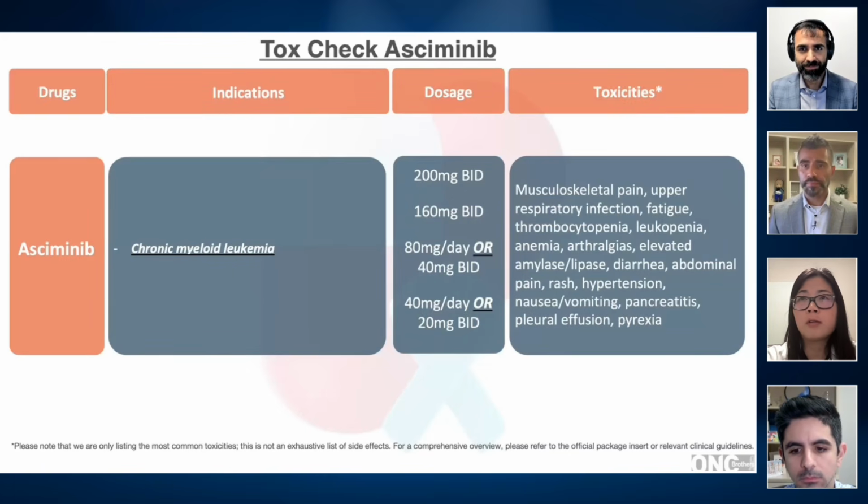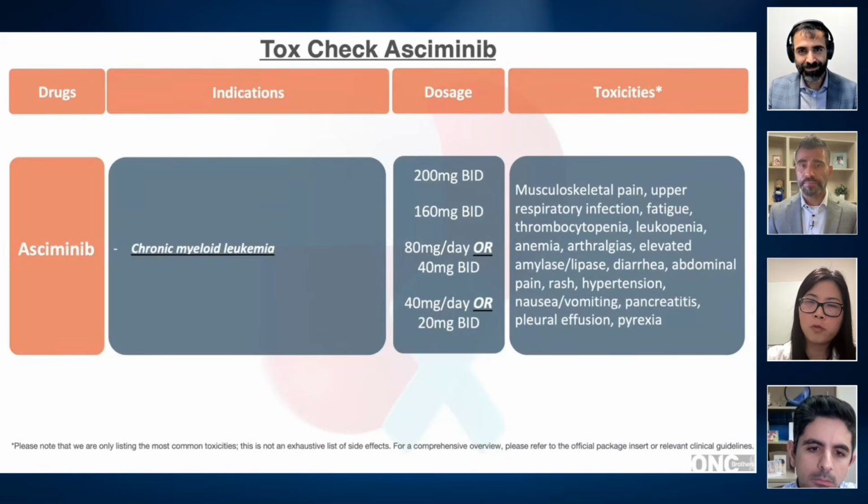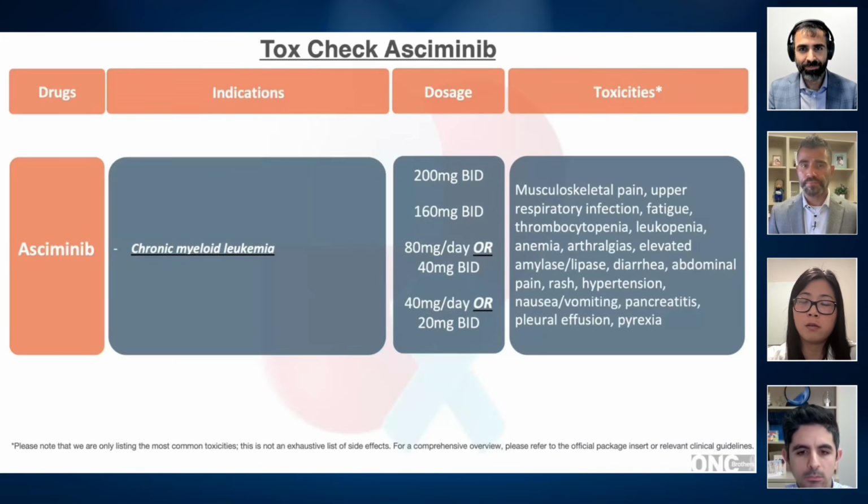If you look at the As4First trial, which is the frontline study looking at Asciminib compared to one cohort, which is imatinib, and the other cohort of second generation TKI, the side effect profile, even compared to imatinib, it's really not bad. I have a lot of patients on Asciminib that I start first line as well as in the relapse refractory setting.